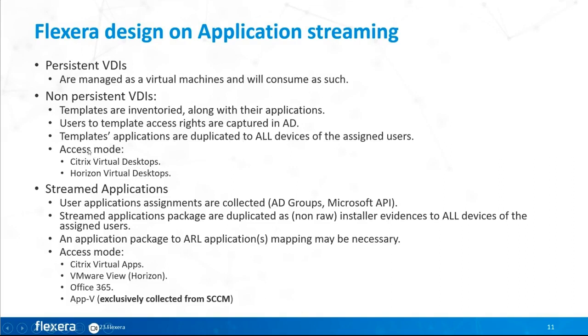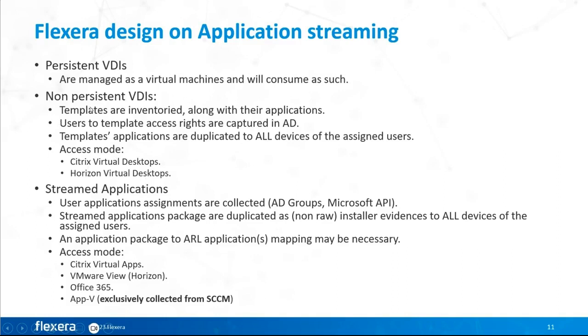So that's something called the access mode. You can recognize. So technically, we will duplicate the evidence signatures, file or installer, which were found from the VDI template, and we will duplicate on the users' machines and flag these installations as Citrix virtual desktops or Horizon virtual desktops. These are access mode types.